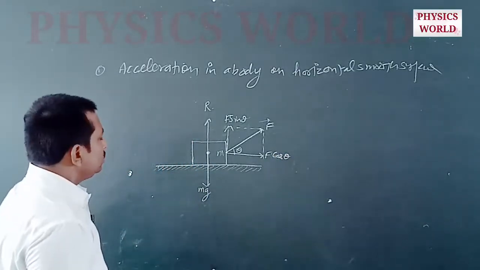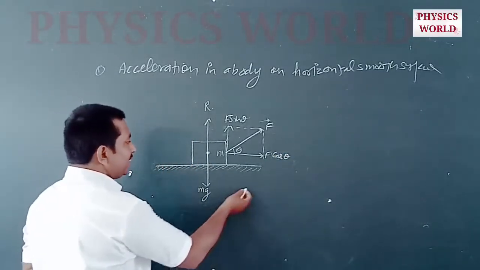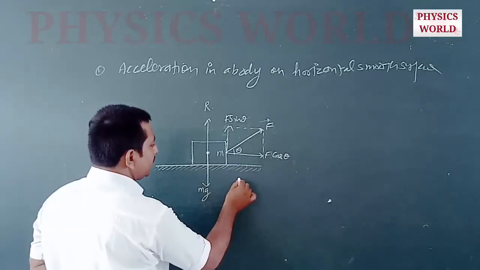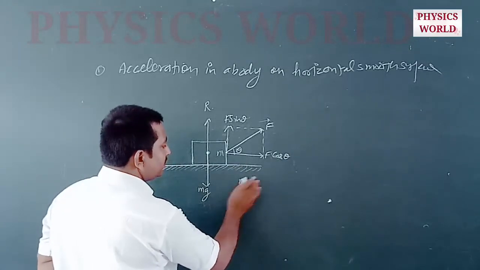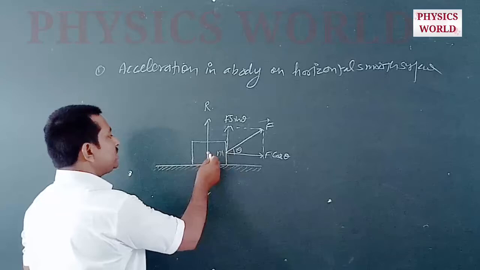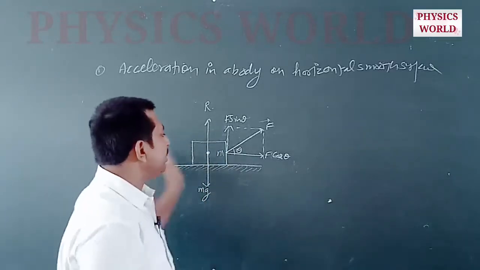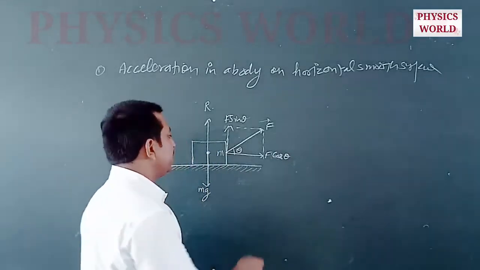If the acceleration produced in this body is a, then the force by which the object is pulled in the horizontal direction will be equal to ma.